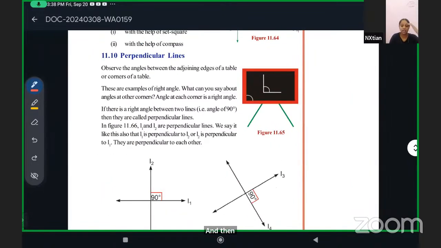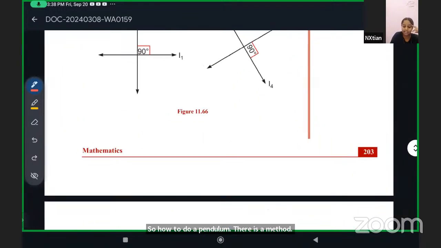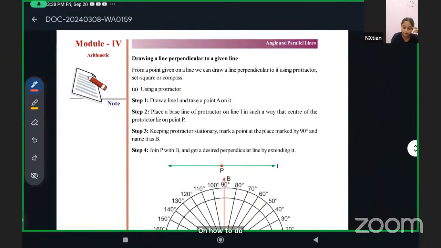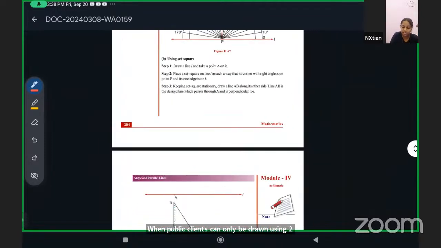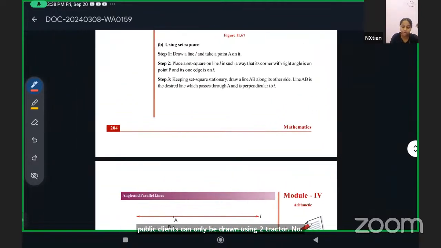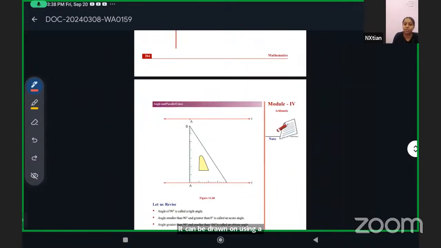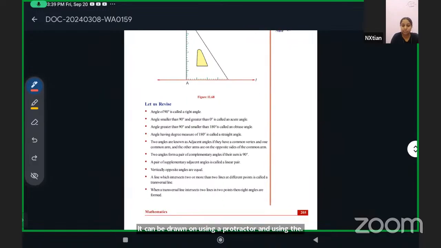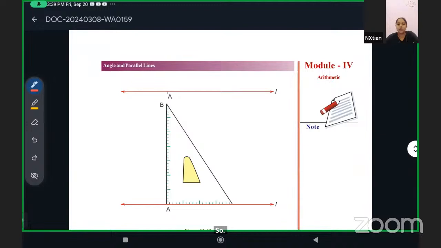Ma'am, perpendicular lines can only be drawn using a protractor or no? Using a set square also. It can be drawn using a protractor and using a set square. Okay, ma'am, so two methods are there for drawing perpendicular lines, and again two methods for drawing parallel lines.